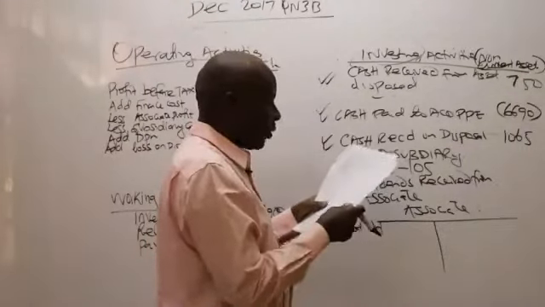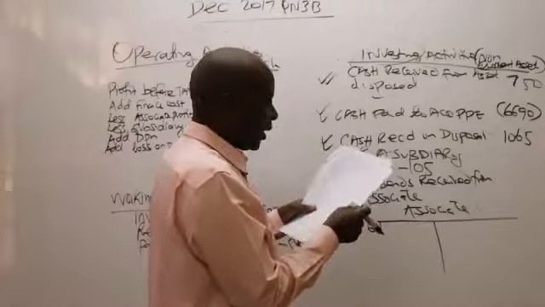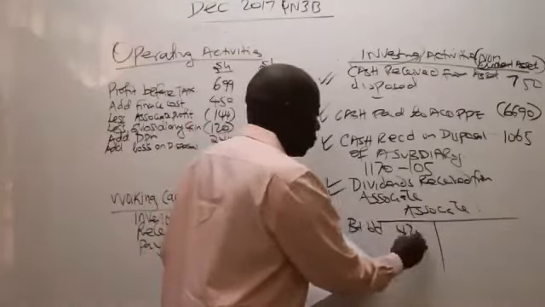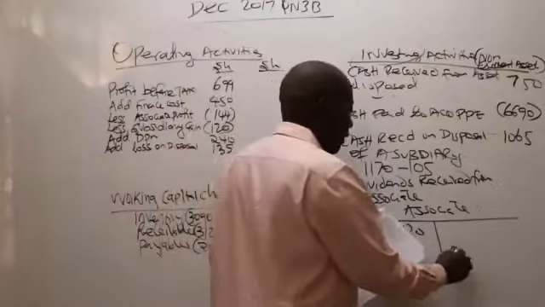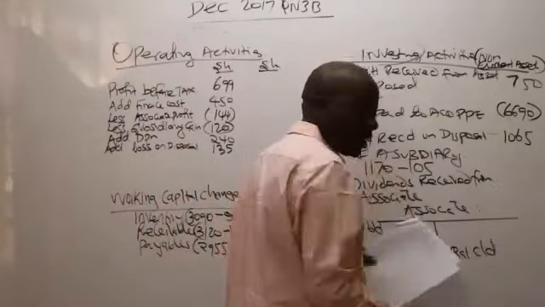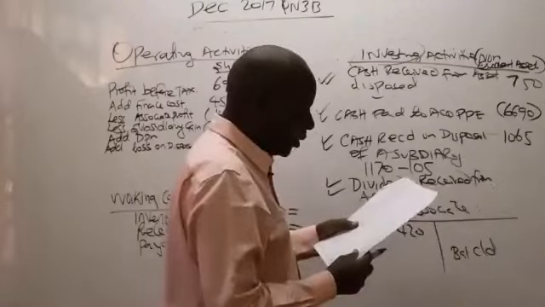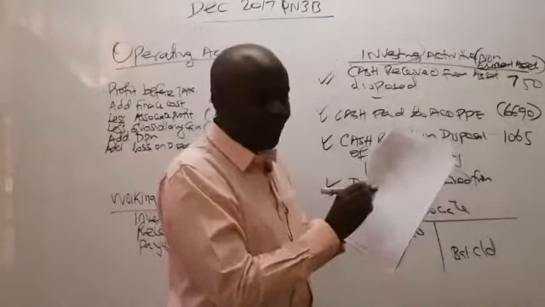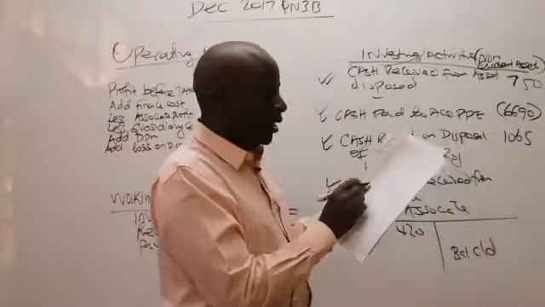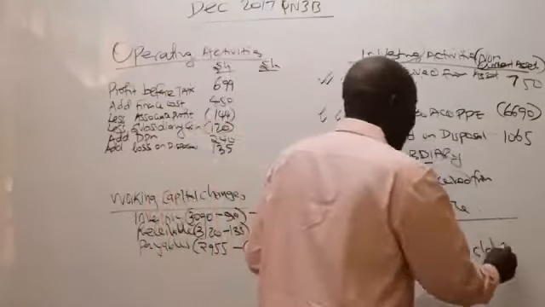The balance brought down in 2016 was 420. And then we have the balance carried down in 2017 for investment in associate, which is 510.